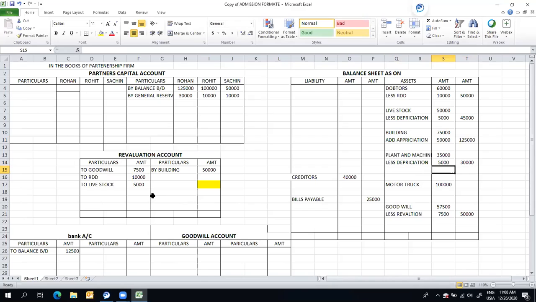And the second effect of plant and machinery, debit side to plant and machinery, 5,000.